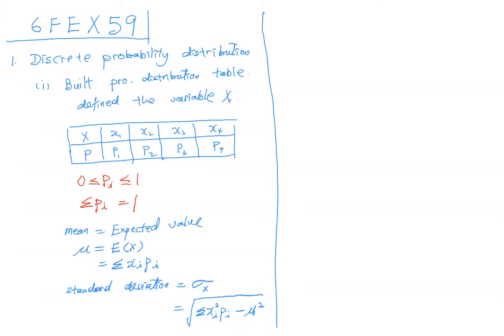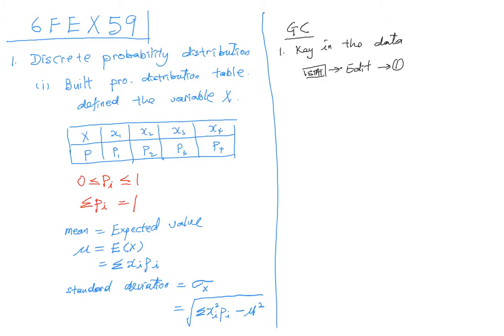Then how to use your GC to get the mean, the standard deviation and the median? Everyone should know how to key in the data. Key in the data: you use stat, edit, then select number 1.